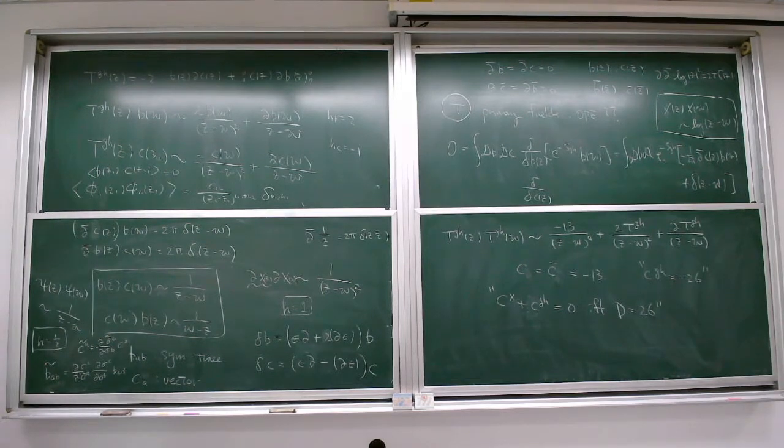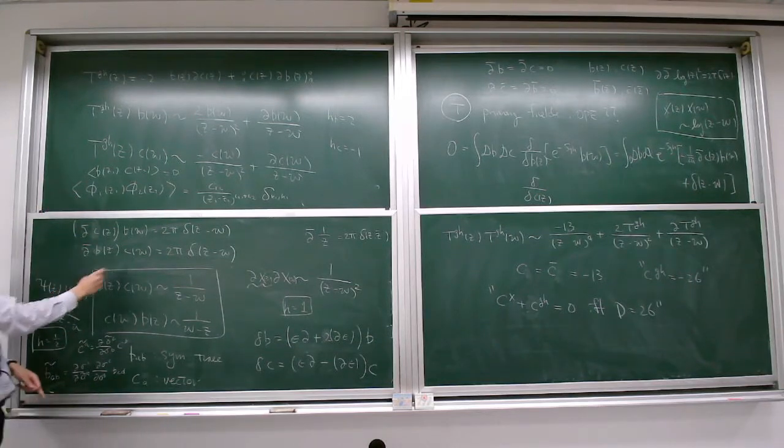But the OPE is 1 over z minus... The OPE you mean? Yeah, the bc OPE. This one? I mean, in the third line, this one? Yeah, that. And take the expectation value, and then you get something like 1 over z.